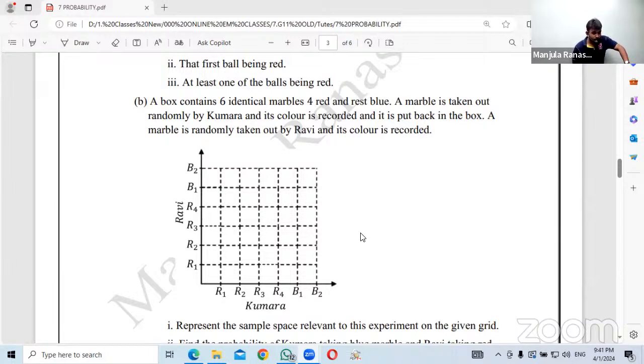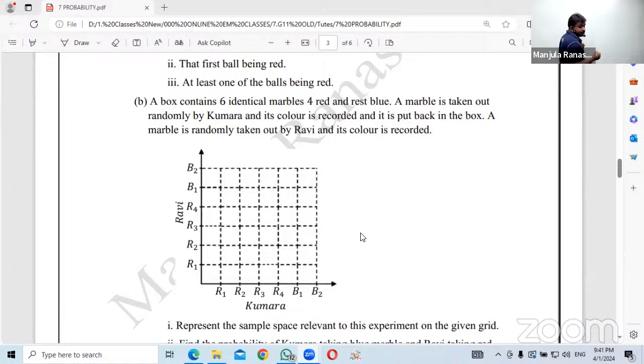Then a marble is randomly taken out by Ravi and its color is recorded. Highlight that. Since Kumara records it and puts it back, the same marble can be given to Ravi as well, because the color of the marble taken is noted and it is put back. If it is not put back, R1 is not available in the second case. The same marble is not available then, but here it is available because it is put back.